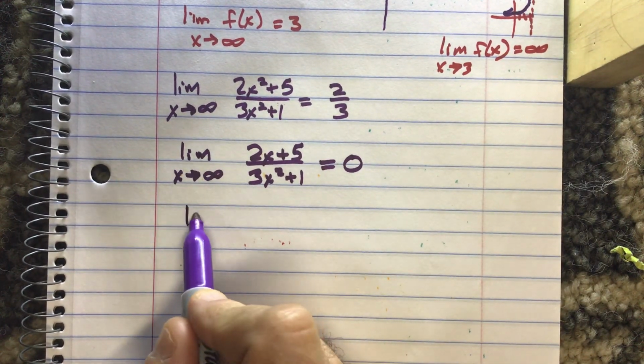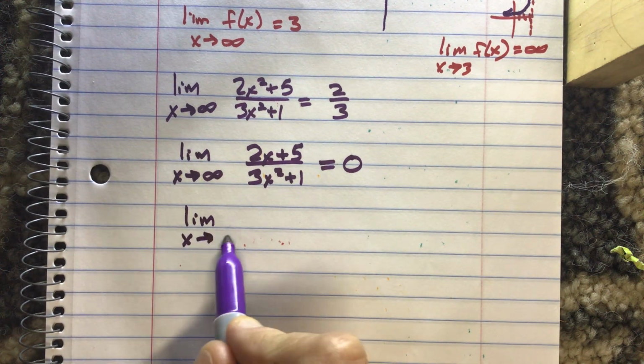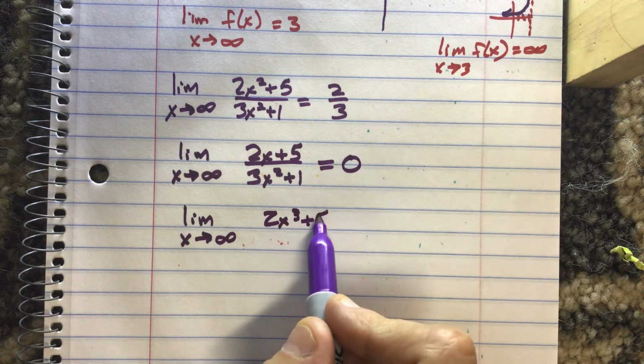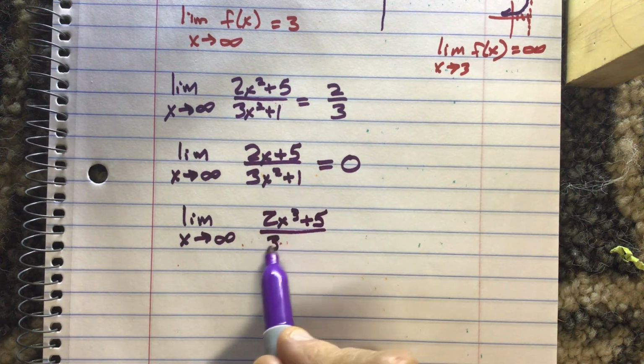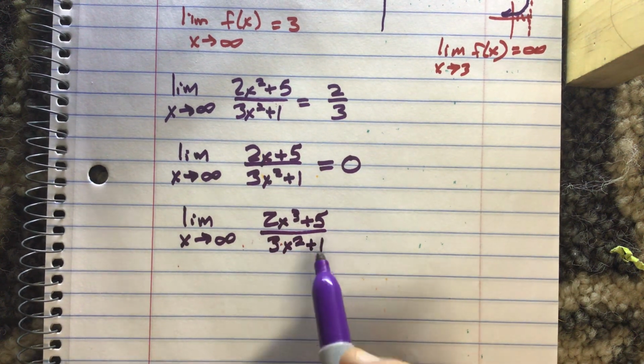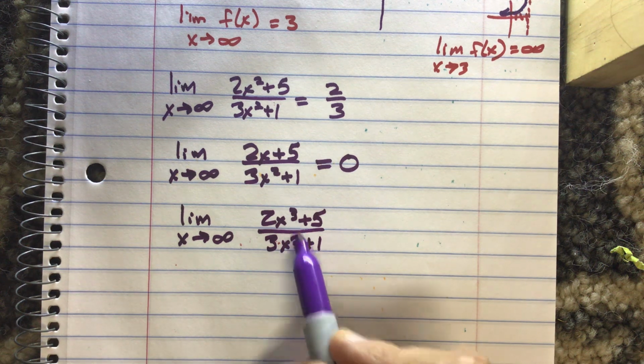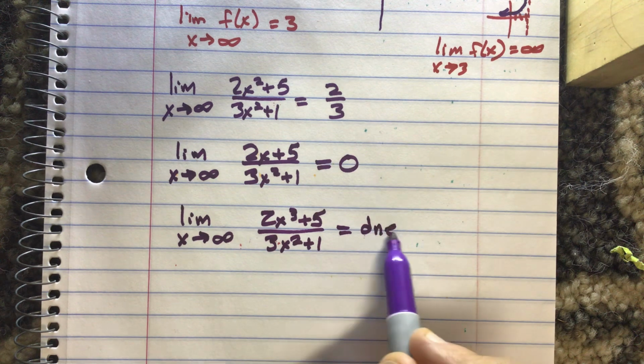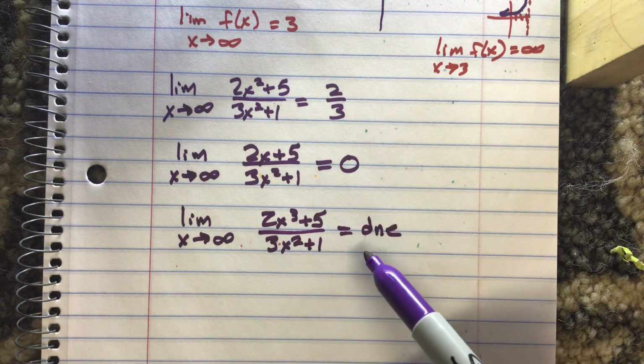And then the limit as x approaches infinity of 2x to the third plus 5 over 3x squared plus 1. In this case, you see that the exponent is greater in the numerator than in the denominator, and therefore the overall limit does not exist because there isn't a horizontal asymptote here.